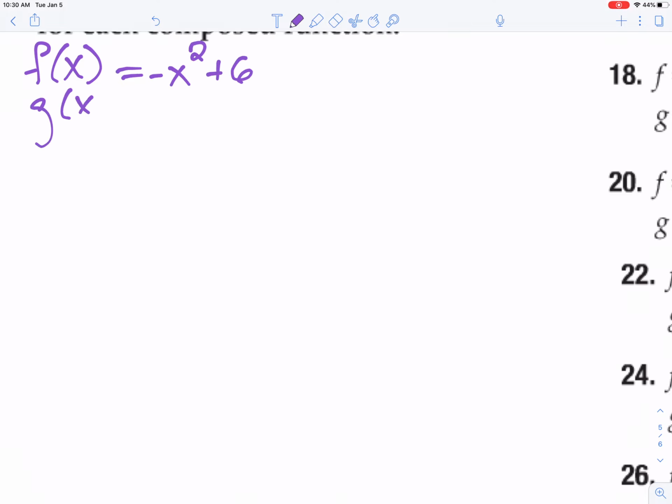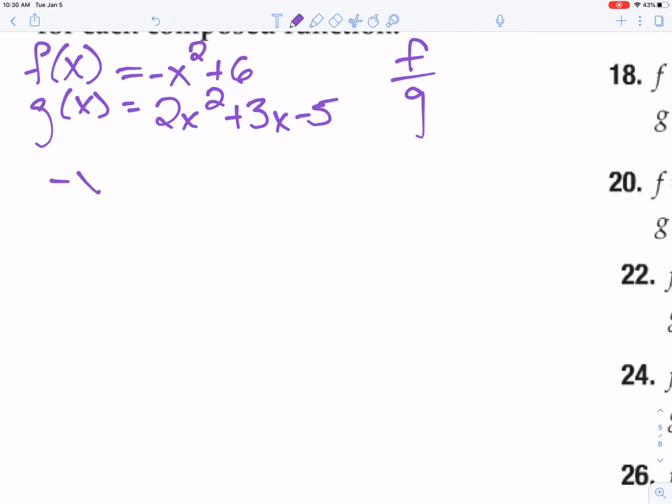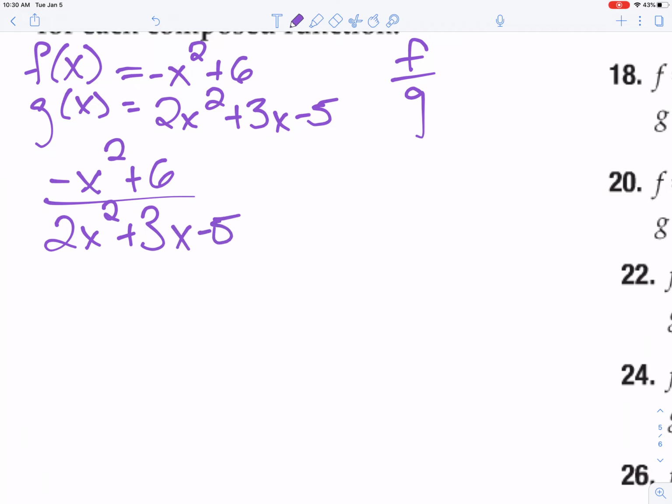Your g function looks like that. So if you're told that you need to do f divided by g, you would end up with negative x squared plus 6 being divided by 2x squared plus 3x minus 5. And I need to find what value of x will make the bottom equal to 0. So this one is a quadratic.